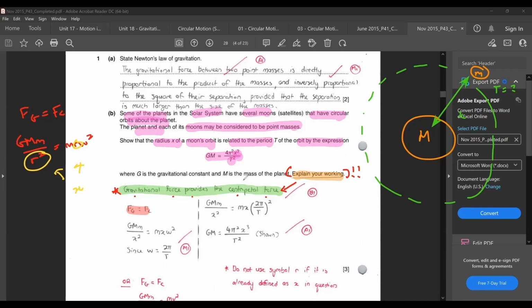Your orbital radius is not defined as R in your question, it's defined as x. So you just change the variables accordingly to x. Okay, so it's GMm over x squared equals mxω². Substitute for ω, you're going to get 2π over T. And then eventually this answer here. Okay, GM is 4π²x³ over T².